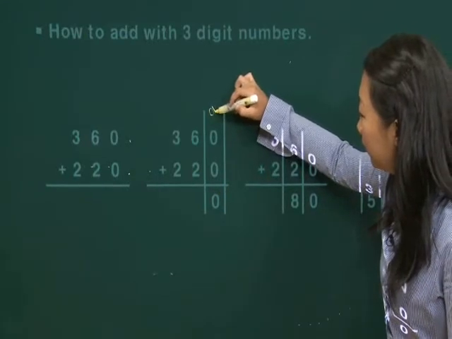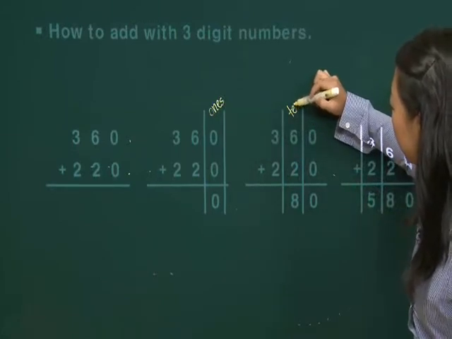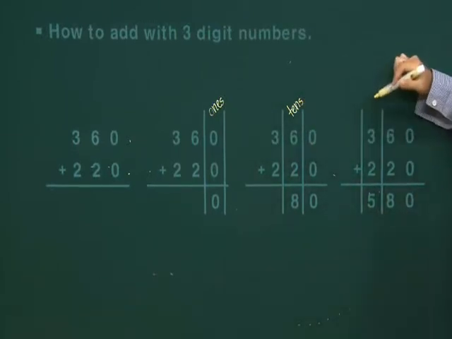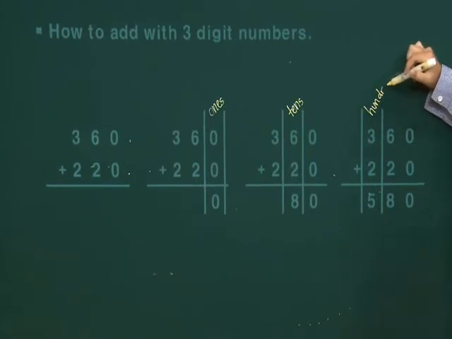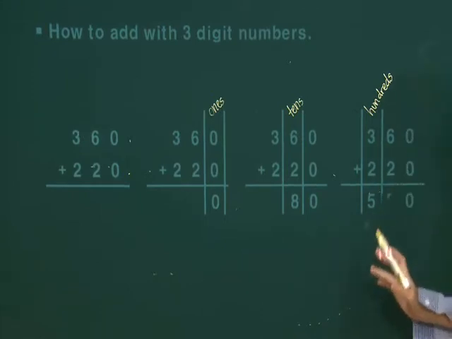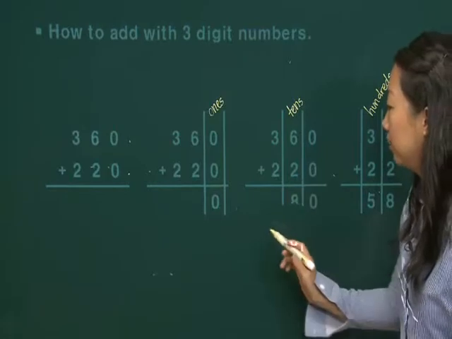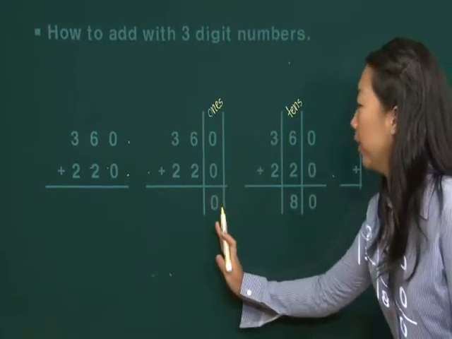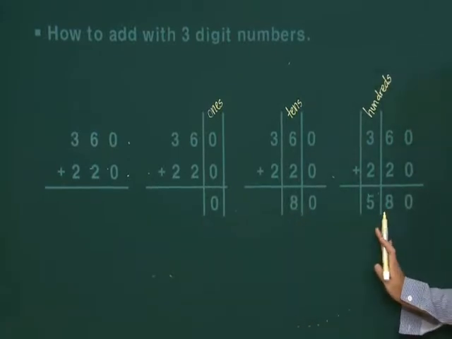Here will be the ones, here will be the tens, and here are the hundreds. How do we add this? You have to add by order from right to left. So you go from ones, tens, and then to hundreds.